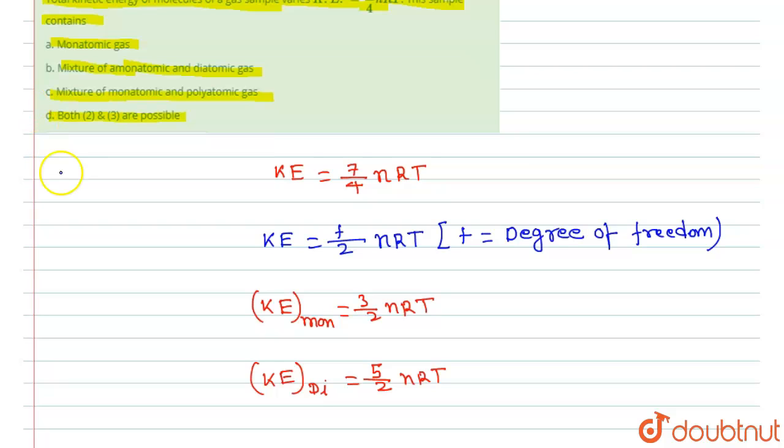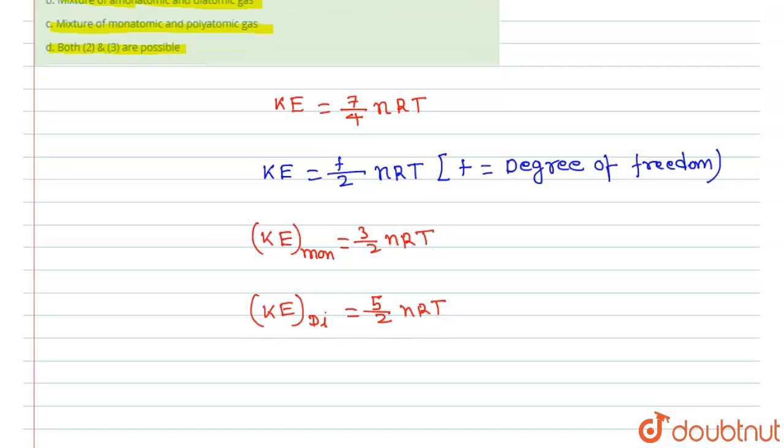Let us consider the total number of moles is n, and n1 is the number of moles of the monoatomic gas.